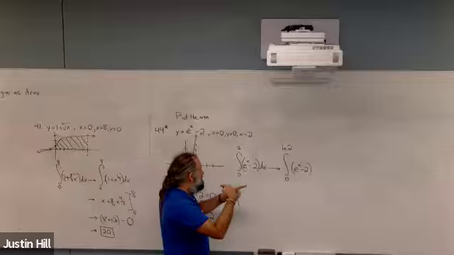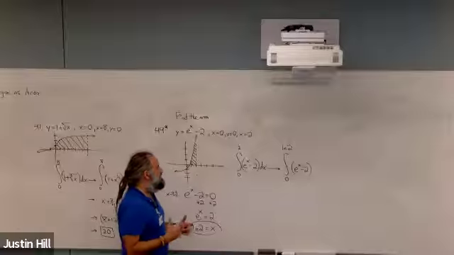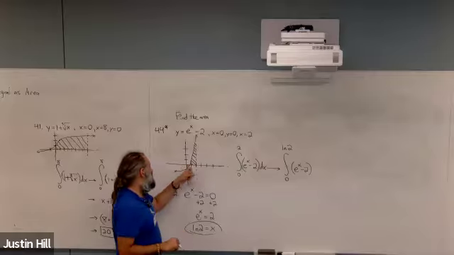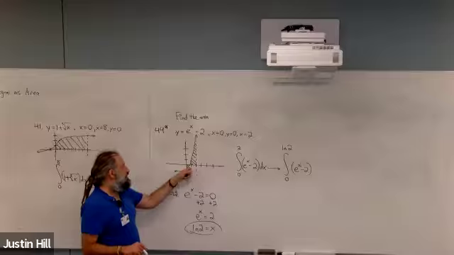Let me add something here without working too fast or adding too many things at once. We know that for e to the x minus 2, the y values, your f of x values, are negative over here.